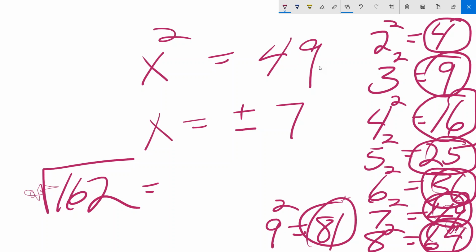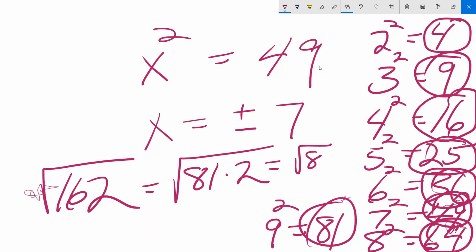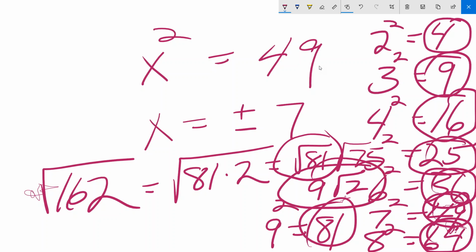Well, I know that that's the same as the square root of 81 times 2, correct? Which is the square root of 81 times the square root of 2. Well, I recognize 81 as a perfect square number. That's 9. So that simplifies to 9 root 2.